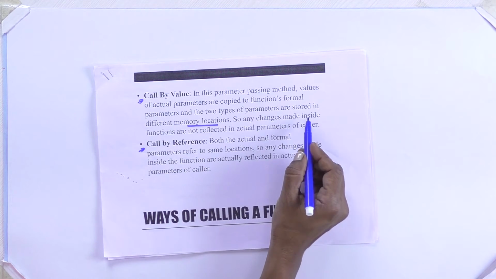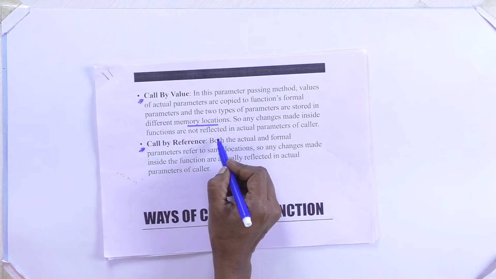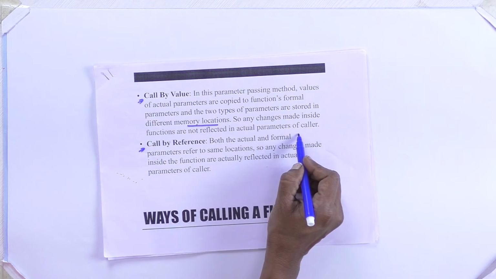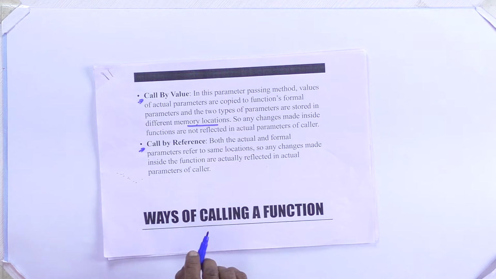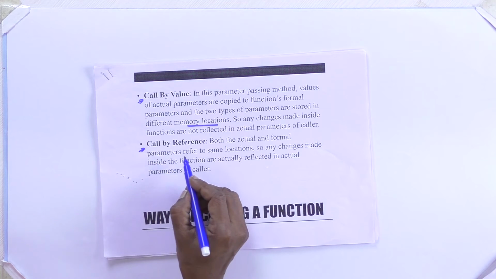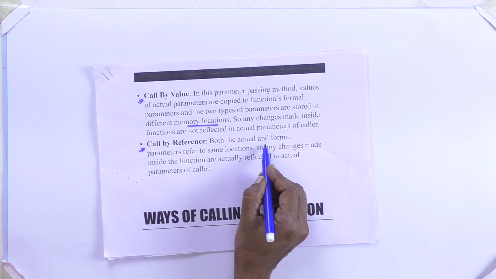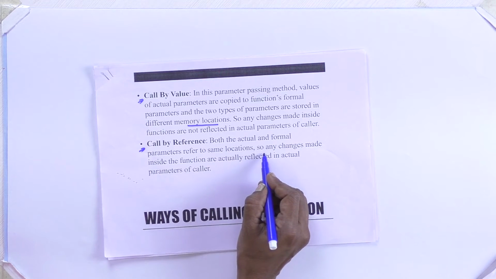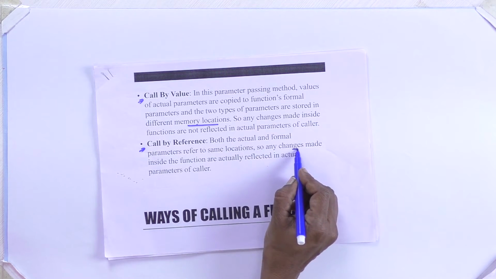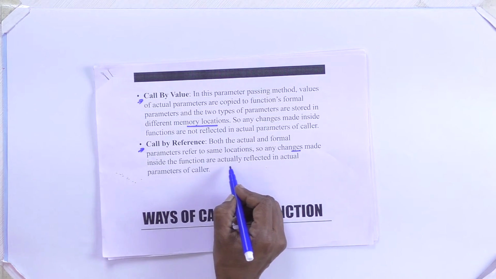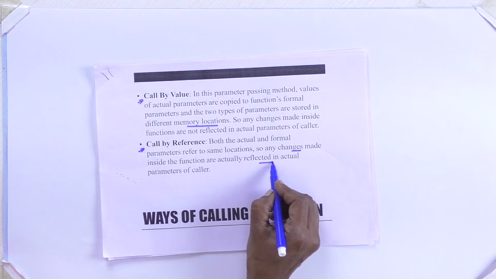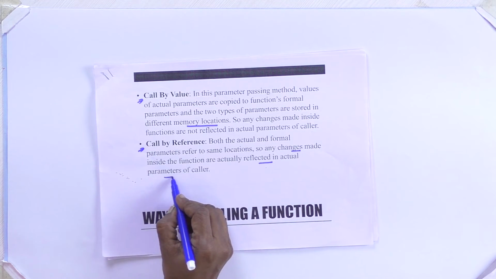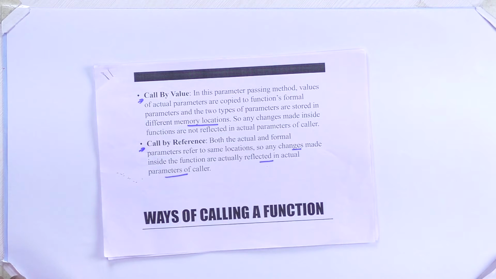So any changes made inside the function are not reflected in the actual parameters of the caller. In call by reference, both the actual and the formal parameters refer to the same location, so any changes made inside the function are reflected in the actual parameters of the caller.